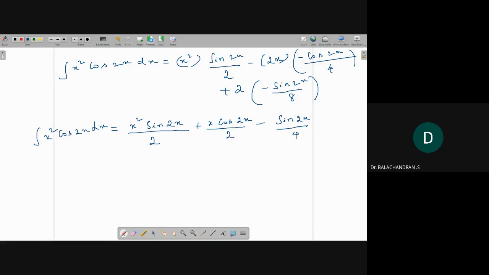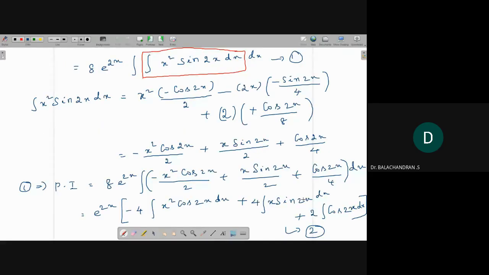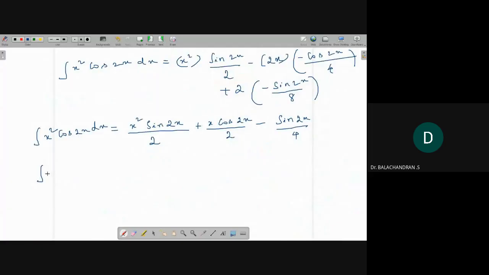Similarly, find integral x into sine 2x dx. So x, if you integrate sine 2x, you get minus cos 2x by 2.